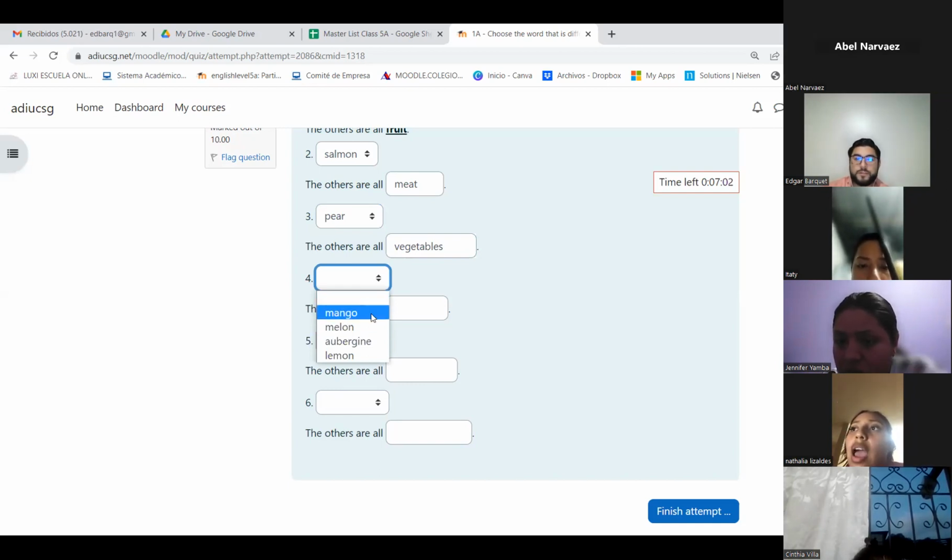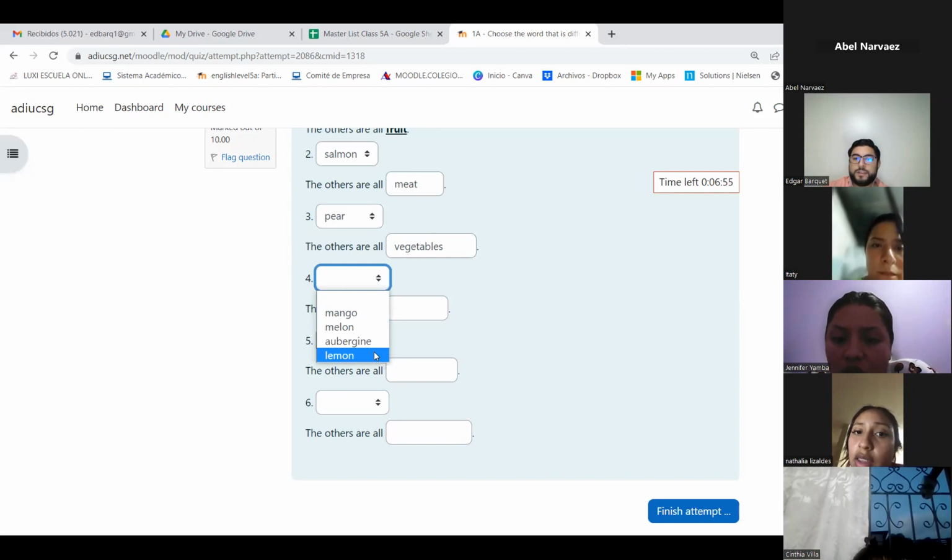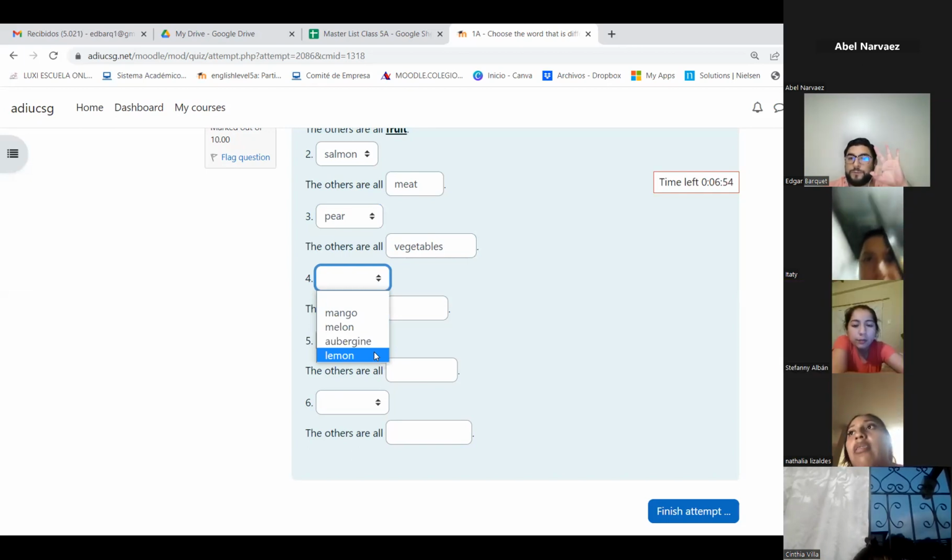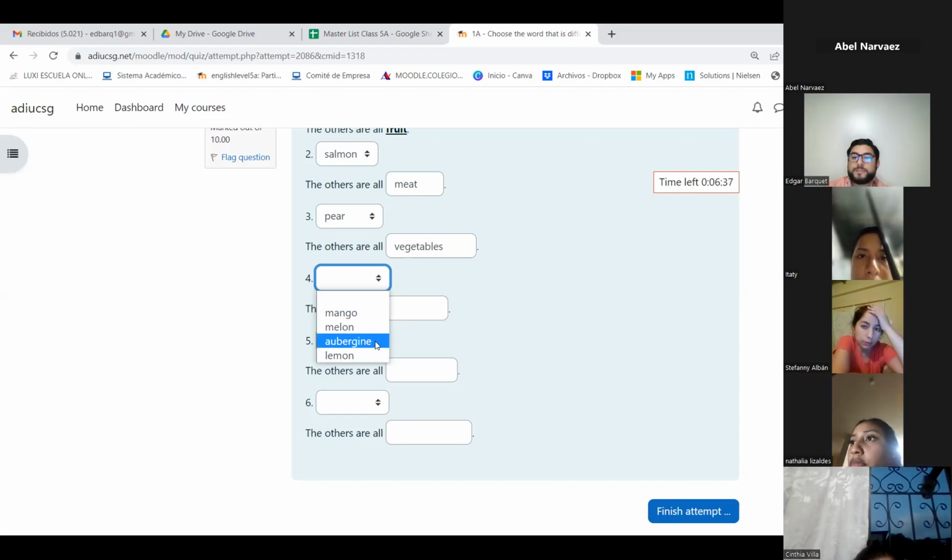You have mango, melon, aubergine, and lemon. So you have 3 fruits and 1 vegetable. Which is the vegetable? Aubergine, right? What is aubergine in Spanish? Yeah, it's a vegetable, but what is it in Spanish?